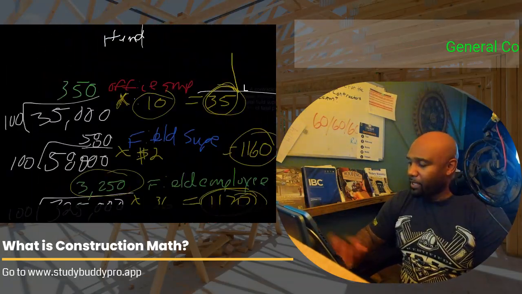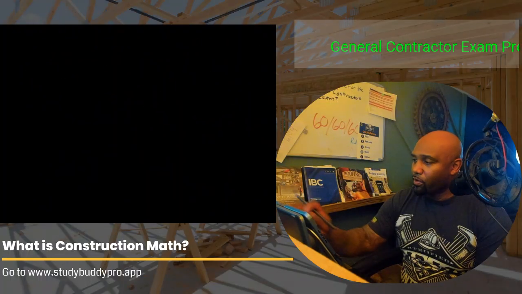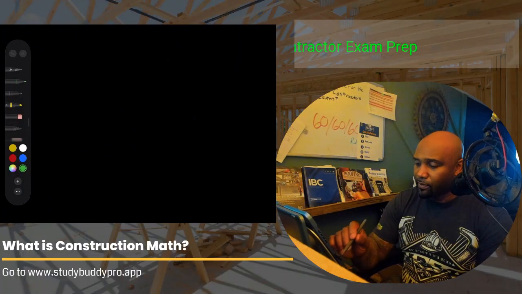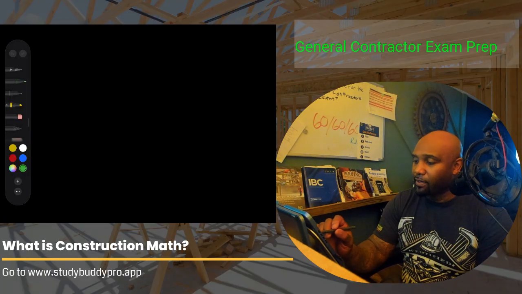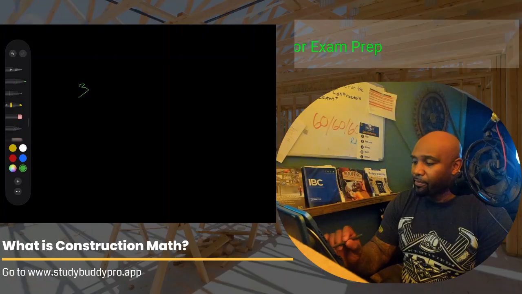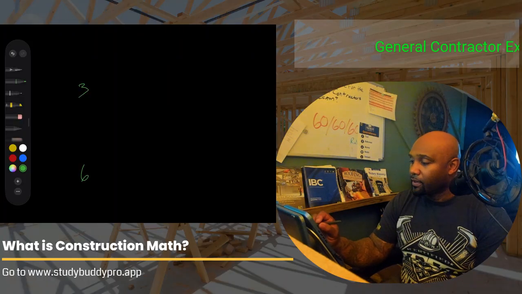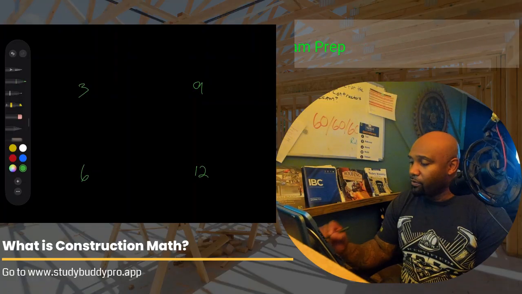We get to the bottom here, and I'm going to write, these are going to be our indicator marks, right? So the 3, the 6, the 9, and the 12.